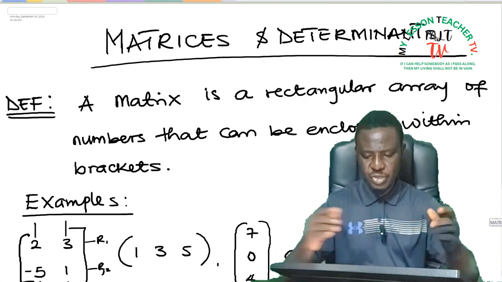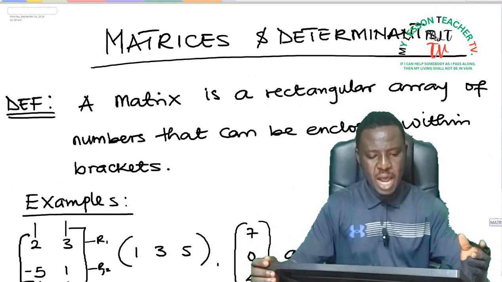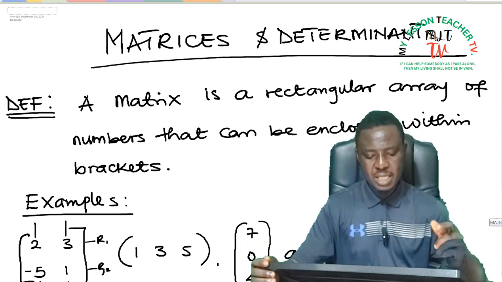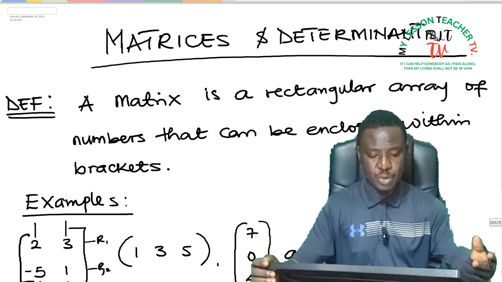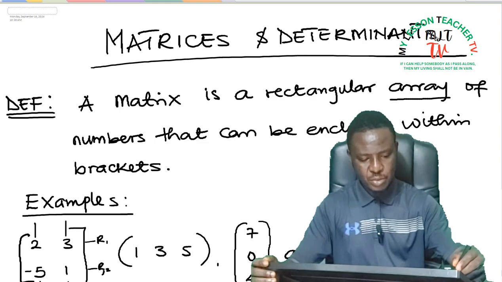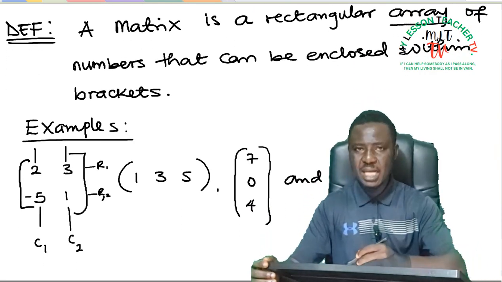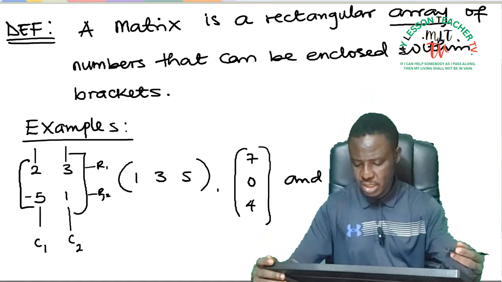So let's look at matrices. A matrix is a rectangular array of numbers that can be enclosed within braces. Just like I said, array simply means the arrangement of numbers in rows and columns. So these are examples of matrices.